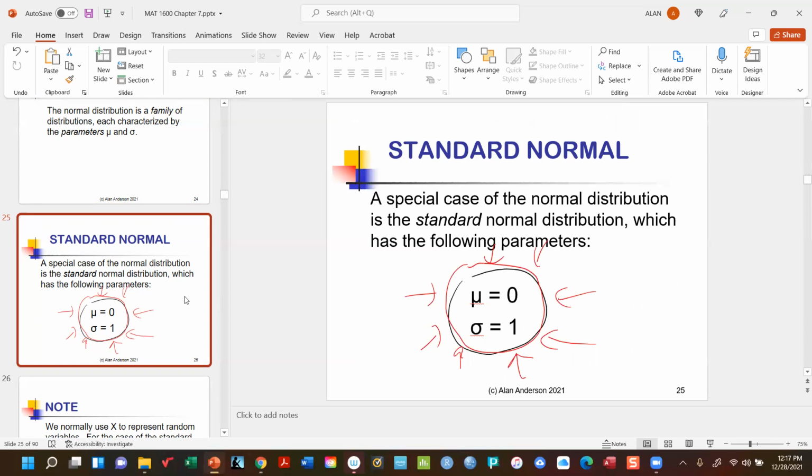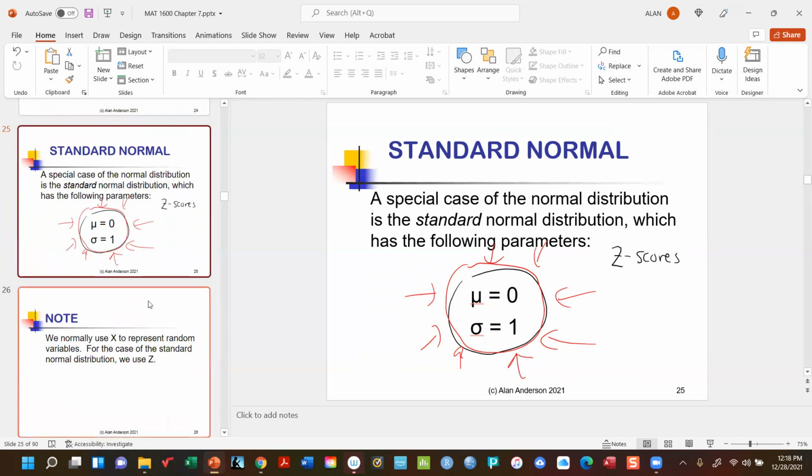And so it's so important that it's given its own separate name. The others don't have their own names. This one does. So this is the one that we'll see used in normal tables, and it will enable us to calculate something that we will call z-scores, which you'll see are very useful in practice. So this is the most important of all the normal distributions by a long shot.